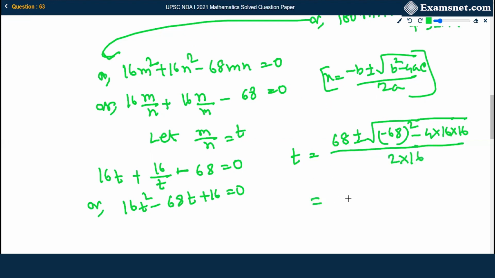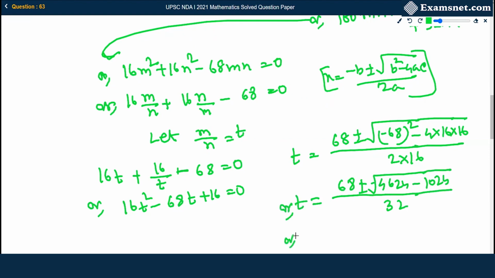After doing the calculation, it becomes 4624 minus 1024 by 32. If we further proceed with the calculation, we will get 68 plus or minus 60 by 32.